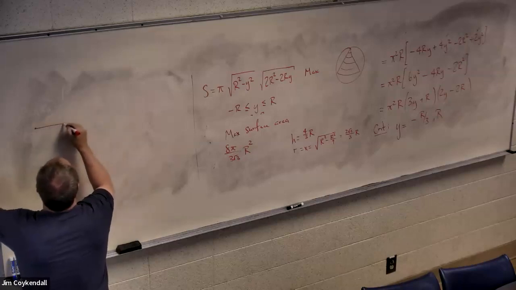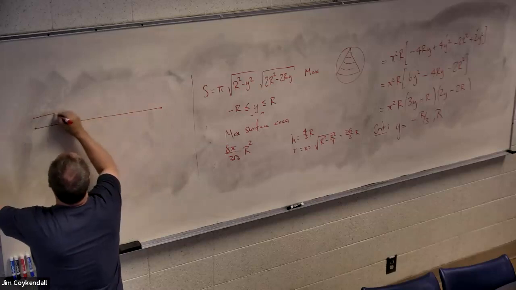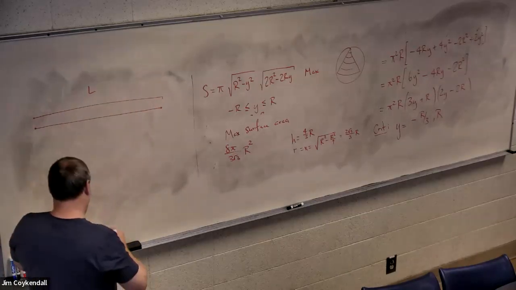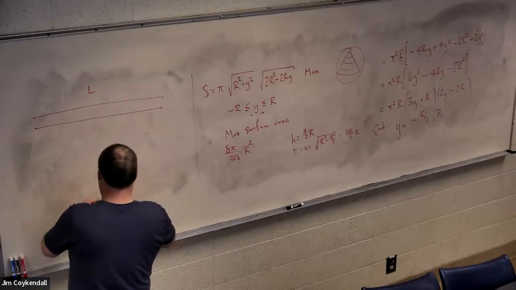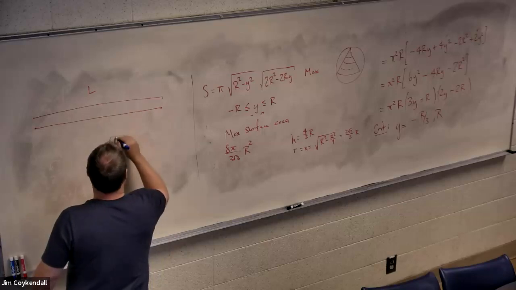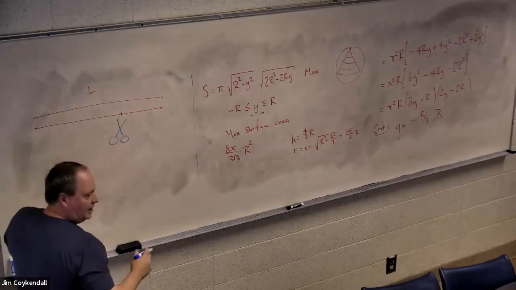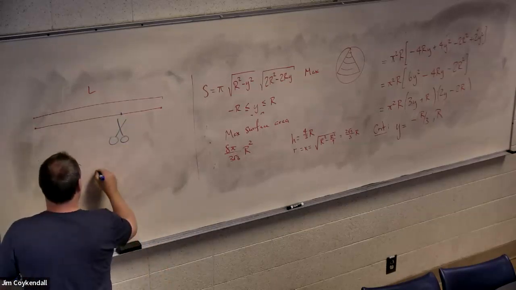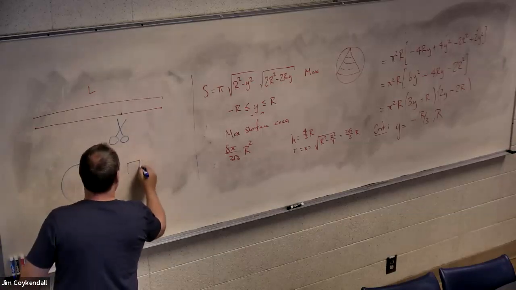Suppose I give you a piece of wire of length L. And what I want you to do is take a pair of scissors and cut this wire here and turn one of the pieces into a circle and the other piece, what's left over, into a square.